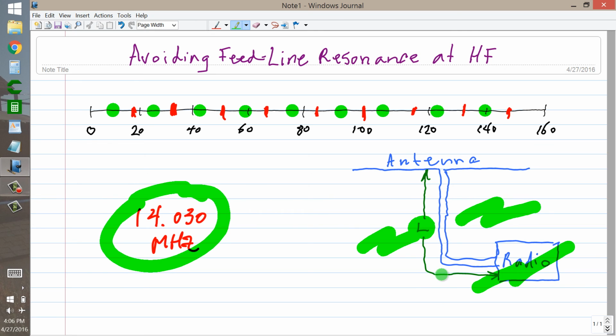There are ways to choke off antenna currents on a feed line, and you're probably going to have to resort to one of those, such as the installation of ferrite beads at various points on your feed line, or various little coils.